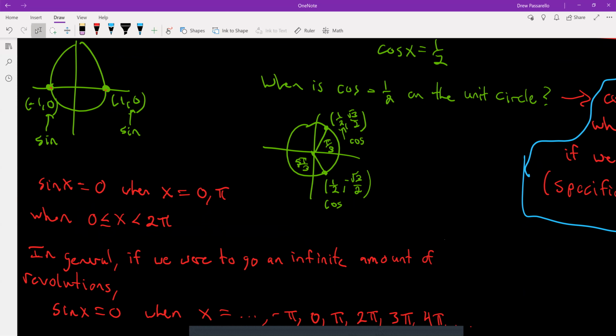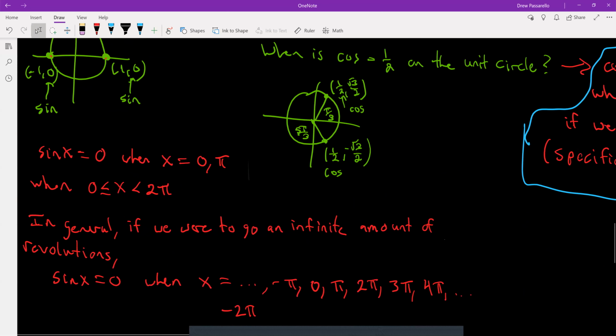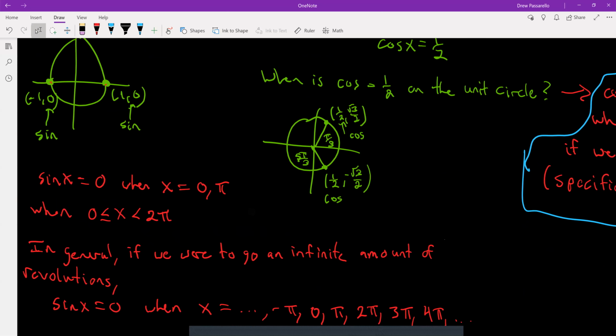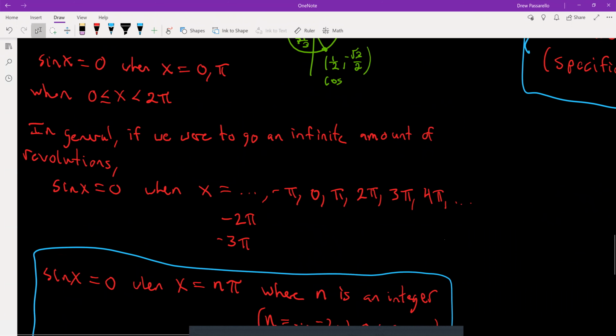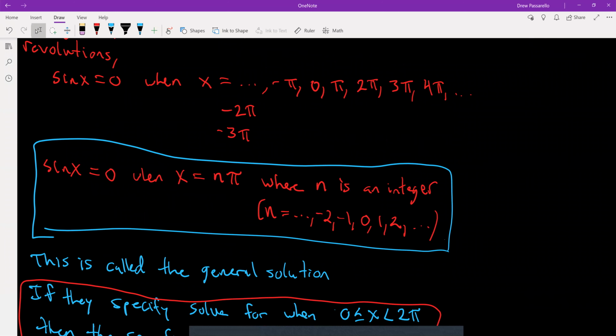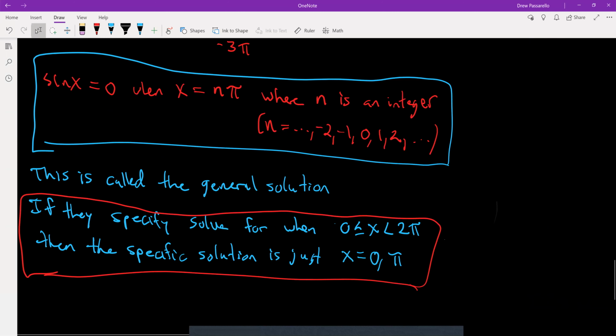Now in general, if we were to go an infinite amount of revolutions, and you can go in both directions, either counterclockwise or clockwise, x is going to be like negative pi, negative 2 pi, negative 3 pi, or pi, 2 pi, 3 pi, and you notice that they're all integer multiples of pi. So in general, we'd say sine of x equals 0 when x is n times pi, where n is an integer.